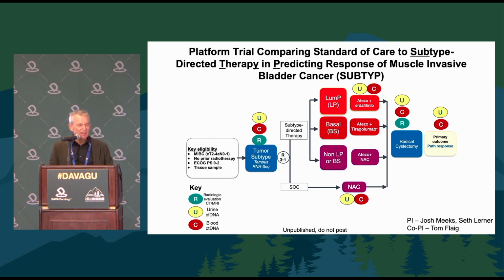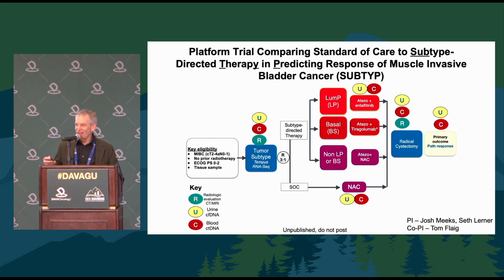This has been a trial design where you would take a subtype-directed therapy. The treatments are chosen based upon the expression patterns within each of the subtypes, and then compared to standard of care neoadjuvant chemotherapy. We're retooling this because neoadjuvant chemotherapy may be out the window.